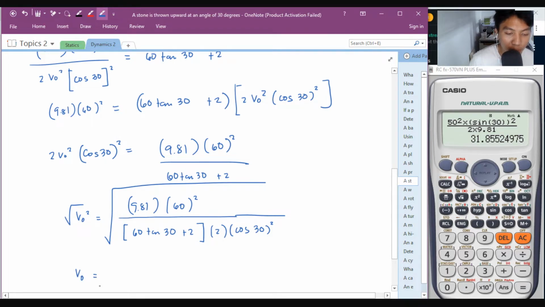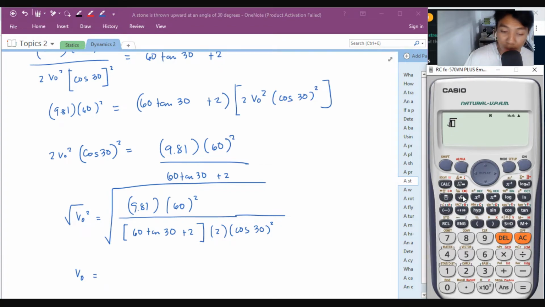So V0 is equal to the square root of 9.81 times 60 squared divided by 60 tangent 30 plus 2, times 2, times cosine 30 squared.